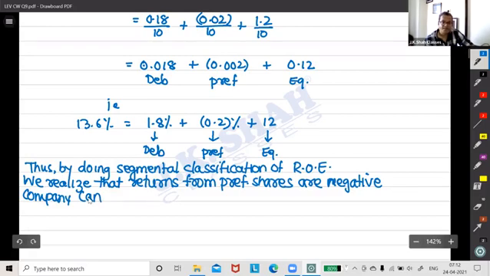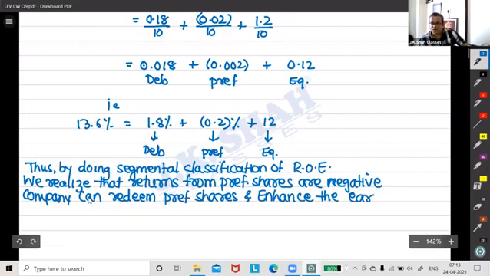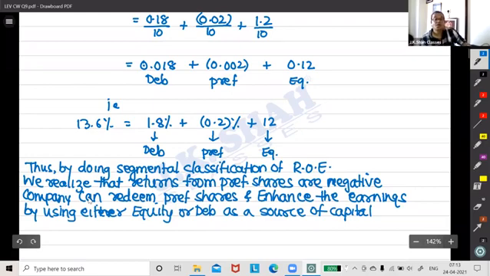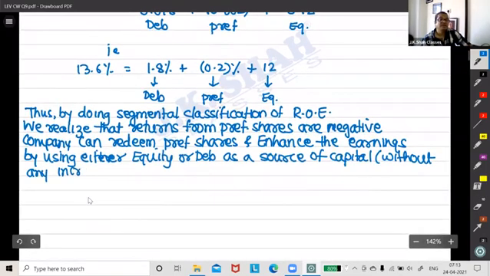Company can redeem preference shares and enhance the earnings by using either equity or debentures as a source of capital without any increase in sales.